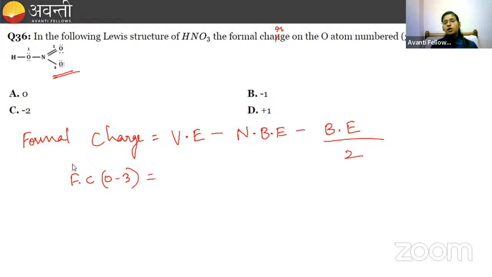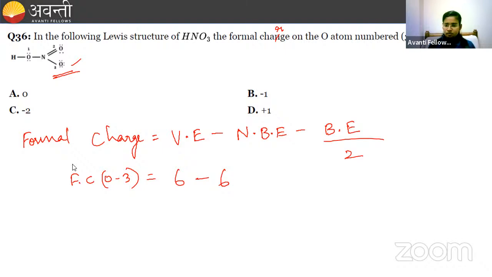So the total number of valence electrons for oxygen is 6 minus for non-bonded. So non-bonded electrons means lone pair of electrons. Here you can see that the oxygen has 3 lone pairs. So each lone pair has 2 electrons. So there are 3 lone pairs. So 3 into 2 will be 6 electrons. Non-bonded electrons. Lone pair of electrons.